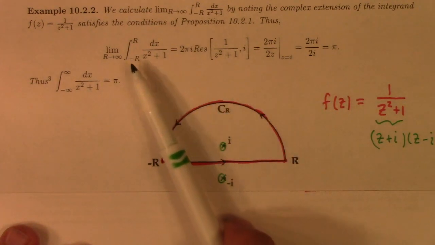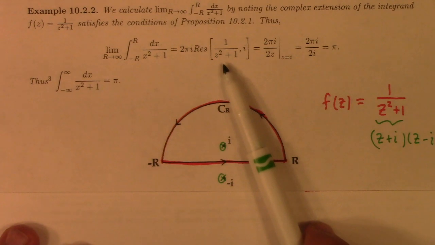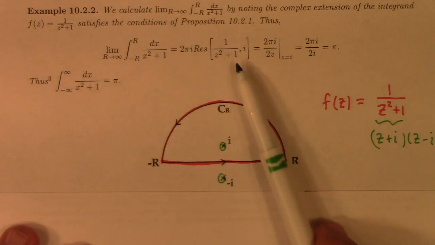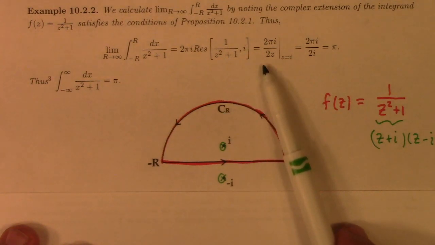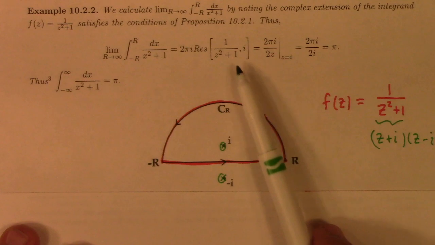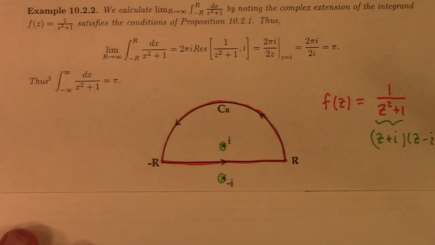And so Cauchy's residue theorem gives us 2 pi i times the residue, but we can use rule 4 to calculate that. The derivative of the denominator is 2z, and you plug in z equal to i, the singularity we're interested in, and you get 2 pi i over 2i. The 2i's cancel, and you're left with pi. And there it is.